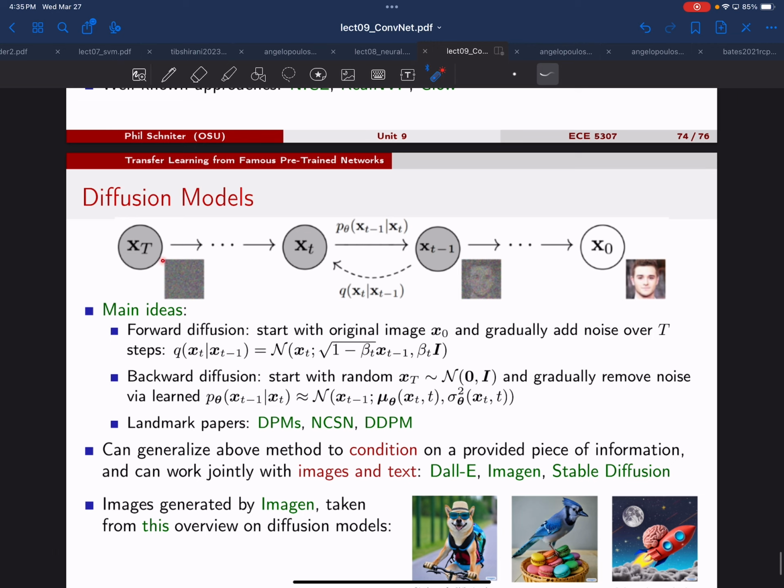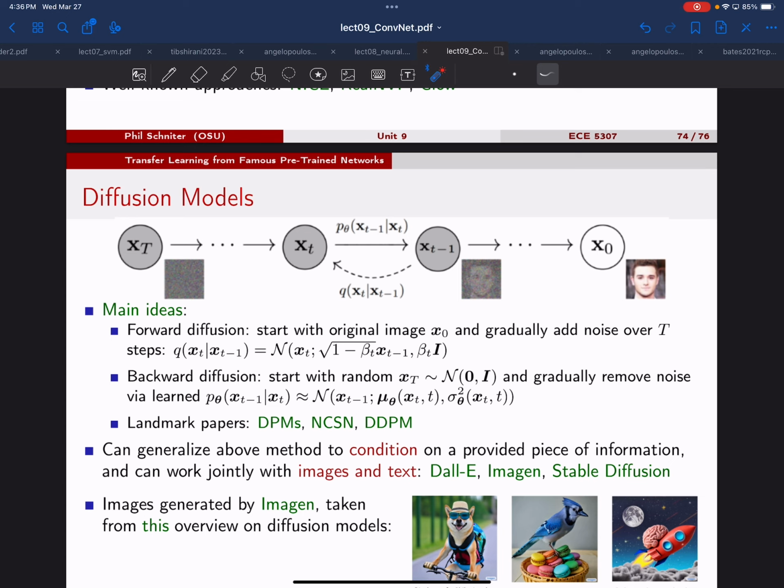Here, you have a bunch of small steps that take you from pure noise to almost pure noise with a tiny little bit of a face in there. And then the next neural network, slightly less noise, and eventually, after about 1,000 steps, you get a clean face. If I would have started with a different random sample, I would get a different clean face. So this is how it's generative.